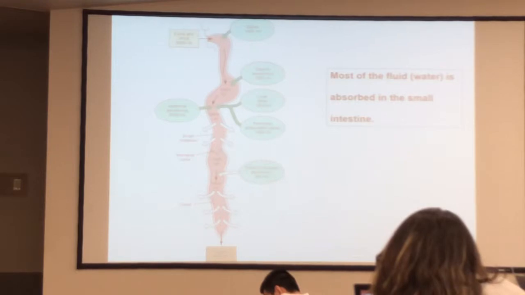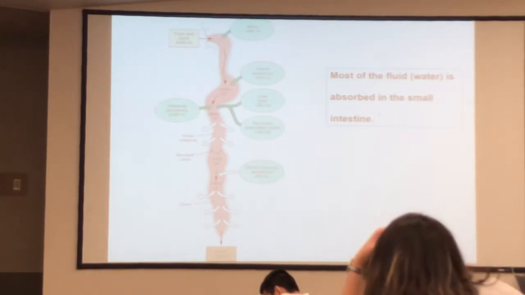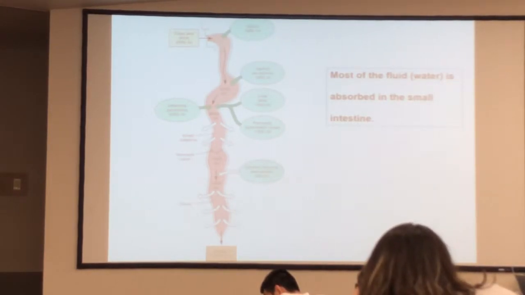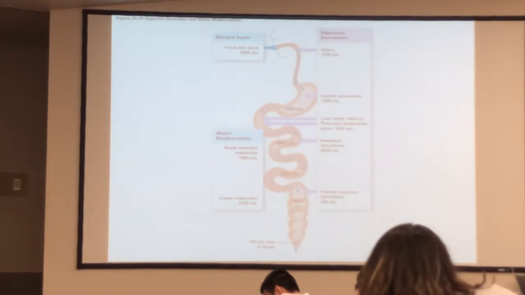The other thing I want to say is that most of the fluid, the water, is reabsorbed by what? Not the large intestine. It's the small intestine. This new addition shows you that every day we drink water or any kind of fluid, roughly 2,000 ml. We produce 150 from salivary glands. We add it together, and the stomach produces gastric secretion, which is much.